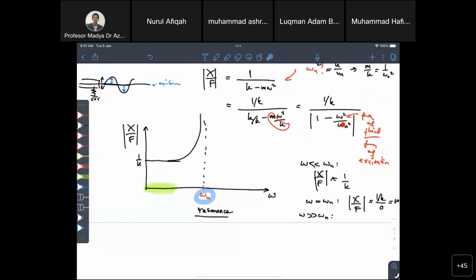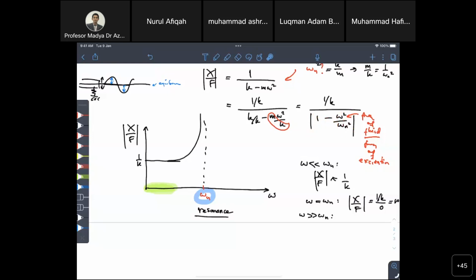So omega squared over omega n squared is 1 million, and 1 minus 1 million is minus 1 million. We can ignore 1 because 1 is too small compared to 1 million. So it's minus 1 million, which is minus the whole thing.